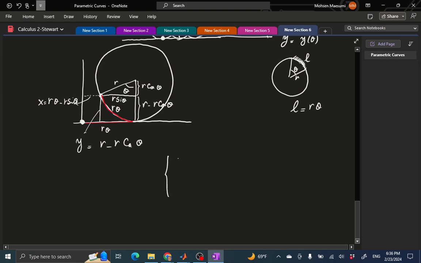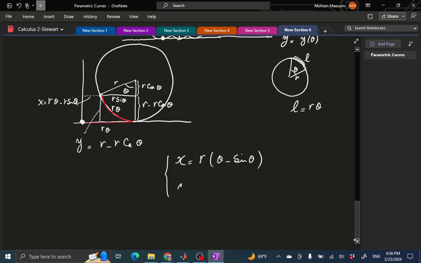So what we have here, x, I can factor r out of it: r times (theta minus sine of theta), and y is r times (1 minus cosine theta). The cycloid is going to go through one cycle for angle from 0 to 2 pi.